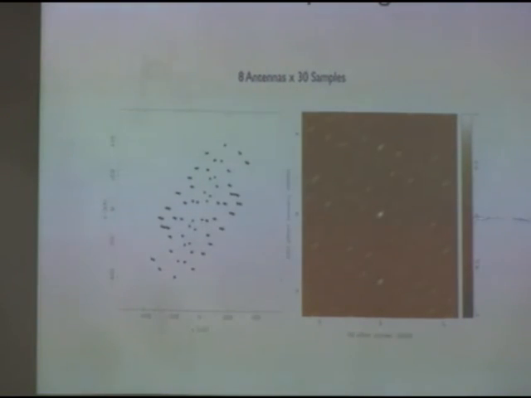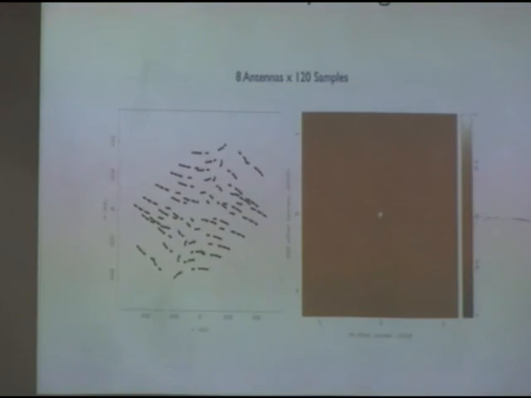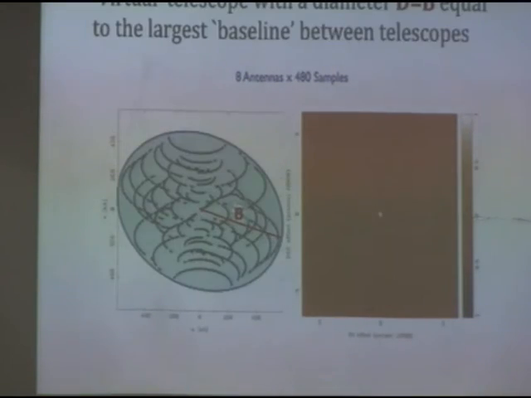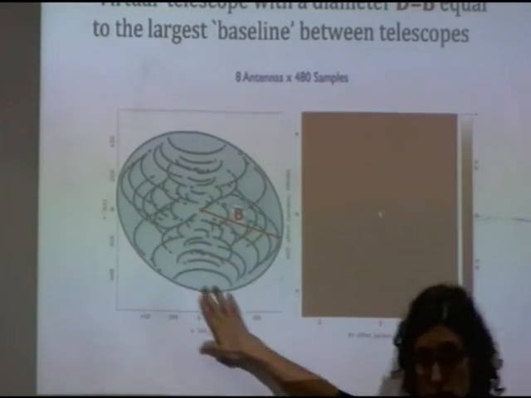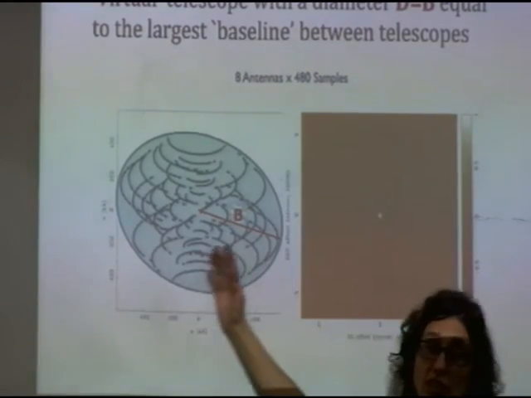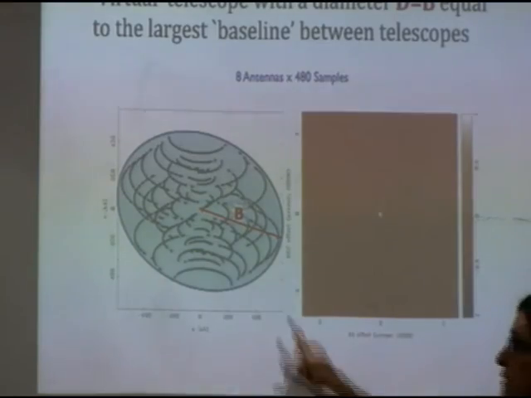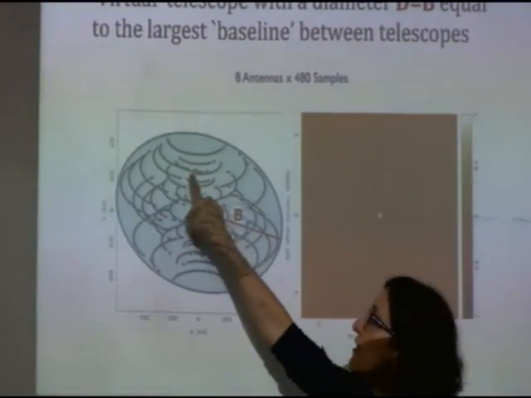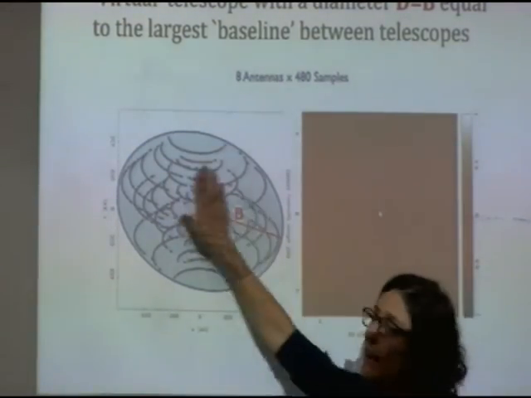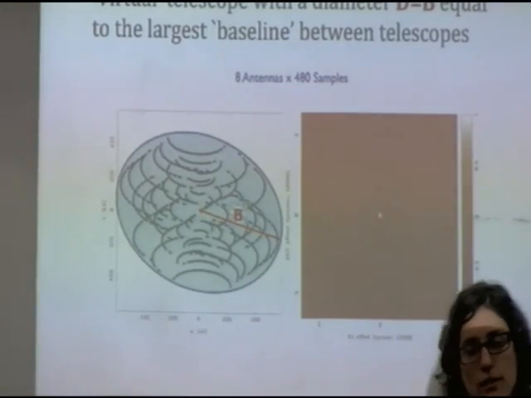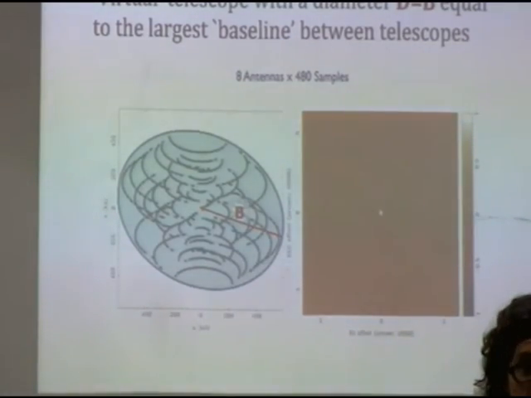So now we are making the Earth rotate, and we see that we are covering... The ideal case would be a full single dish of this size, right? But instead of having a dish of this size, we have just holes here and there that are filling that space as the Earth rotates.